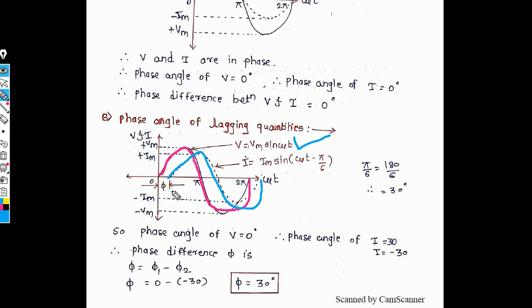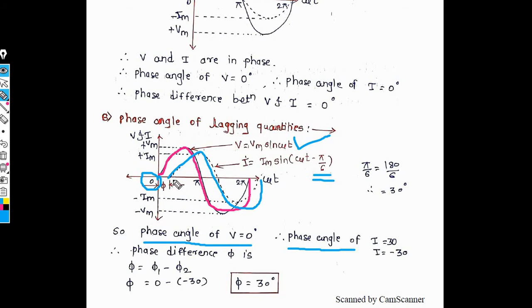But the current waveform starts after the voltage waveform. The phase angle of voltage is 0, but the phase angle of current we have considered pi by 6. Putting pi equal to 180, 180 upon 6 is 30 degree. So I equals Im sin of omega t minus pi by 6, that is omega t minus 30.